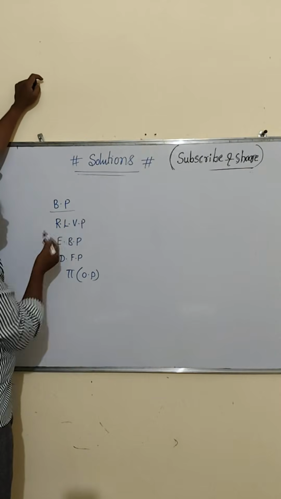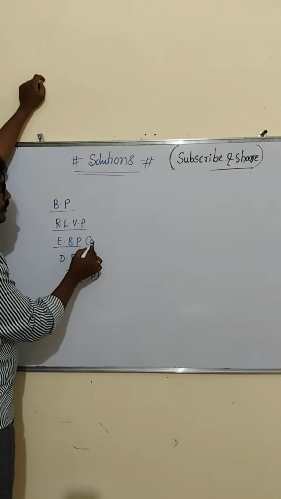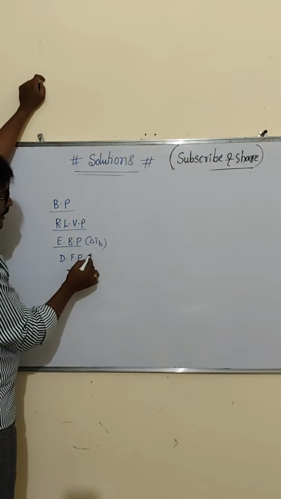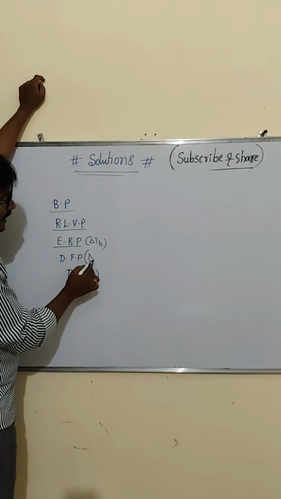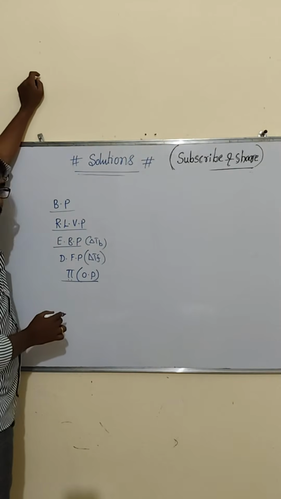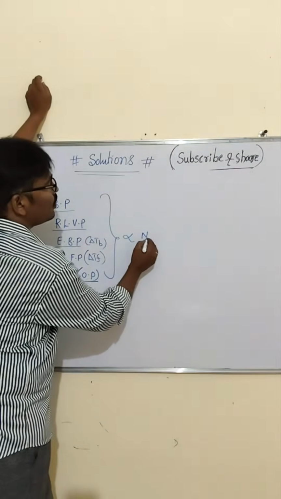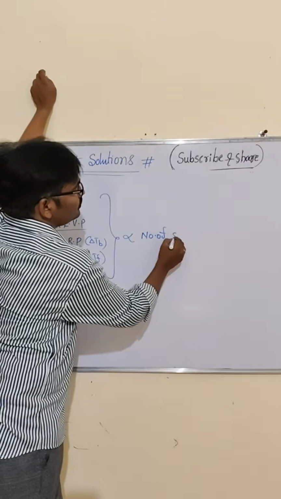So BP, boiling point, relative lowering of vapor pressure, elevation in the boiling point, delta TB, then depression in the freezing point, delta TF, then osmotic pressure we can represent with pi. All these are directly proportional to number of solute particles.